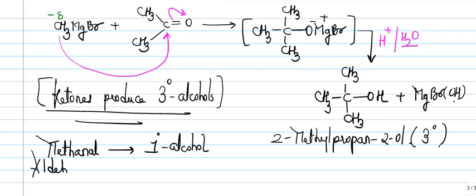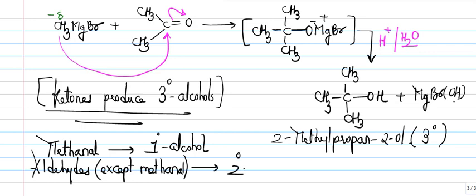Aldehydes except methanal produce secondary alcohols, and all ketones always produce tertiary alcohol.